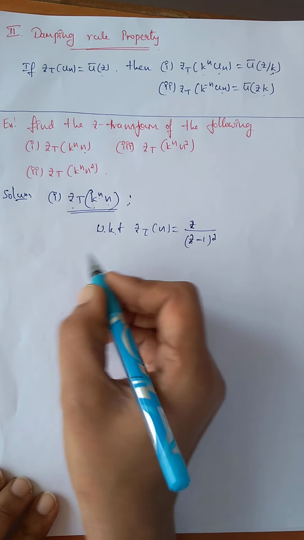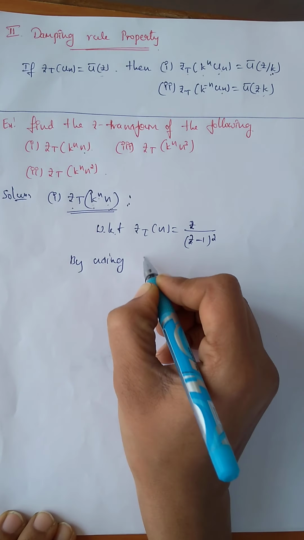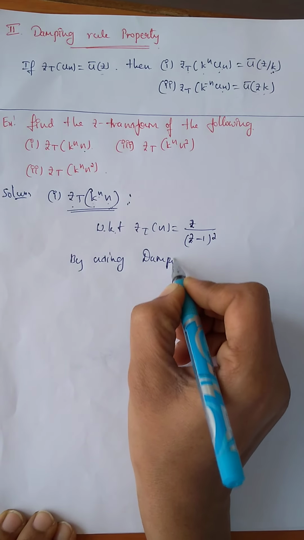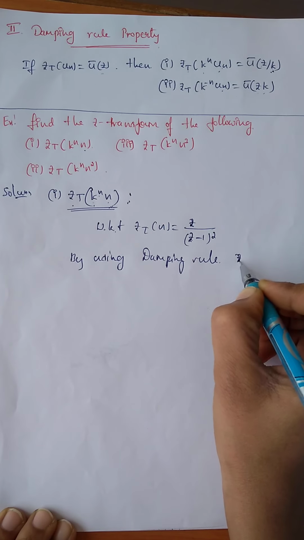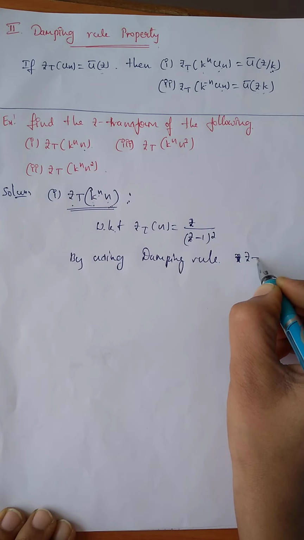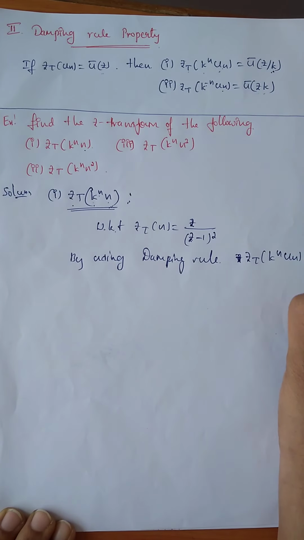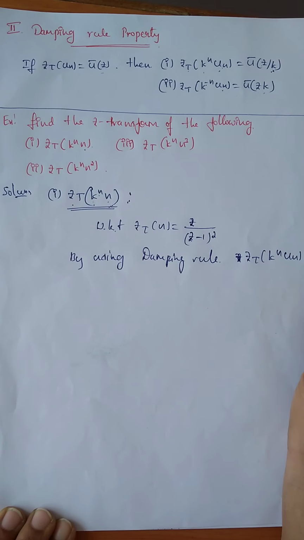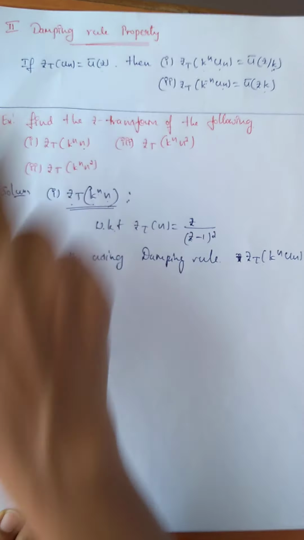Okay. Next, by using damping rule property, according to the rule, Z transform of k to the power of n into u(n) is equal to u bar of z by k. This is the first property of the damping rule.